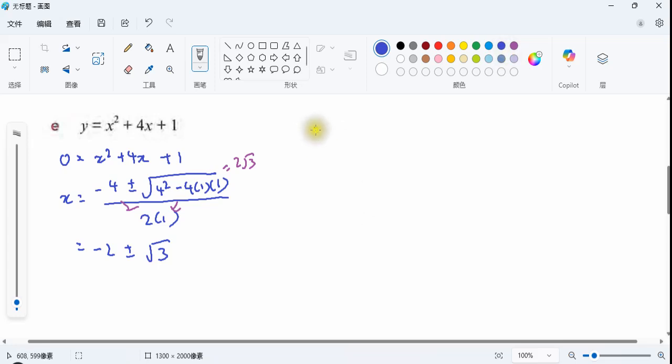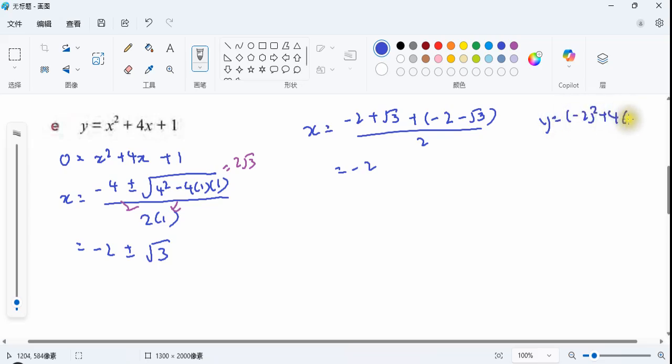So x will be negative 2 plus square root 3 and negative 2 minus square root 3, and the midpoint is negative 2. Then y equals negative 2 squared plus 4 times negative 2 plus 1.